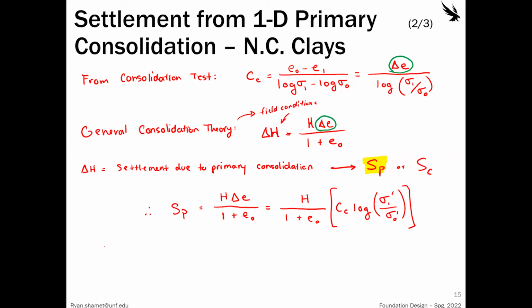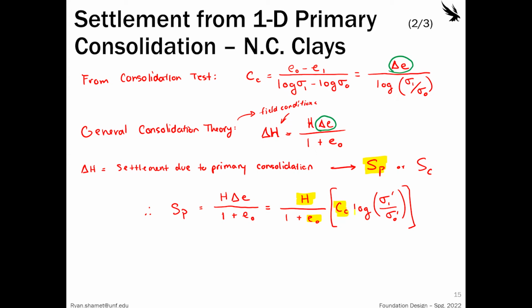So we can find everything in this for the most part, right? H is a property of the site subsurface conditions. Our initial void ratio is based on the lab testing.